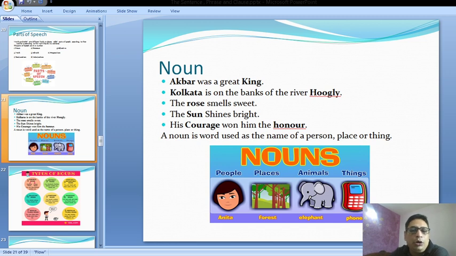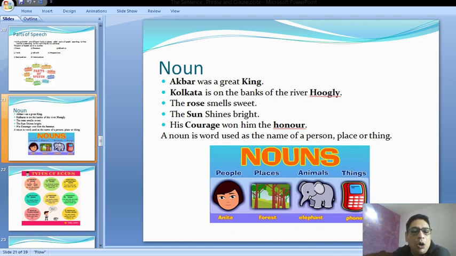Here Kolkata and Hooghly are names. The rose smells sweet. So rose is a name. The sun shines bright. Sun is a name. His courage won him the honor. The courage and the honor are again names. Names of something. I'll come to what that thing is. I'm writing thing over here.